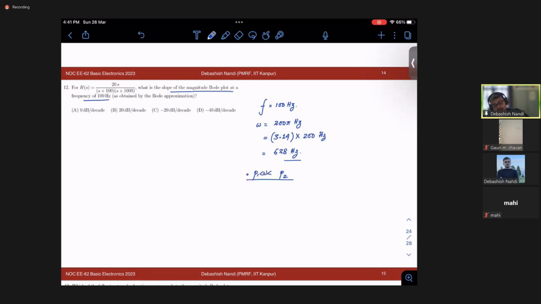And what is that range? Your magnitude plot slope at P1 less than omega less than P2 is 0 dB per decade, right?